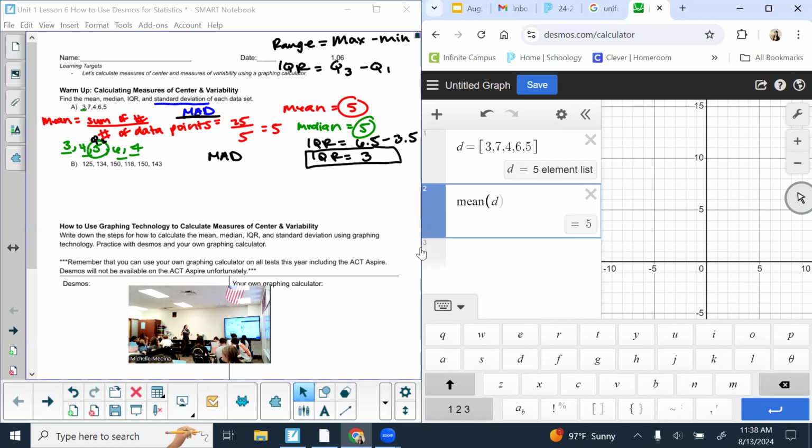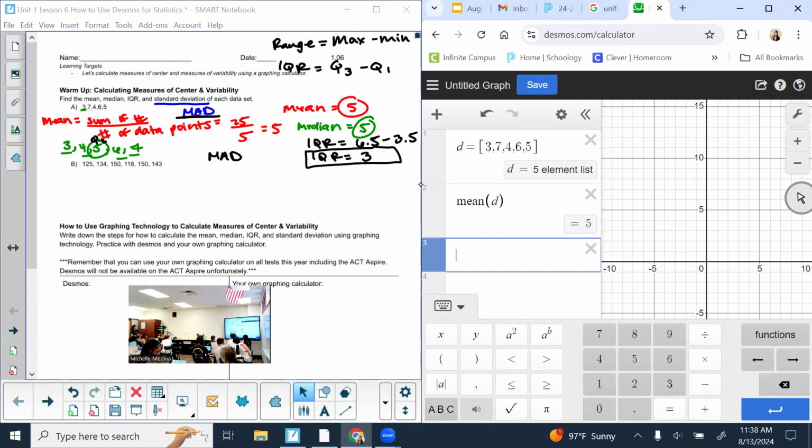Now, do I think you should just rely on technology? No, because there are conceptual questions that require you to know that you need to add up the numbers before dividing by the number of numbers, but this can help you check your answer and save you time on the test.